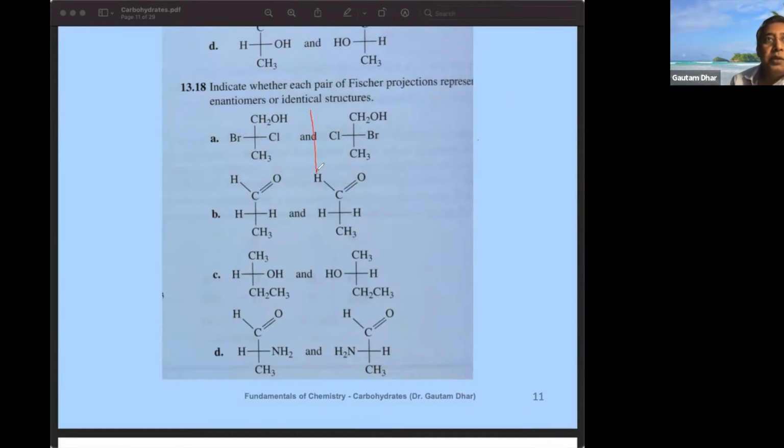Are they mirror images? Yes. So these are enantiomers. Now these are mirror images, but these four groups are not all different. They have two hydrogens, so these are identical.